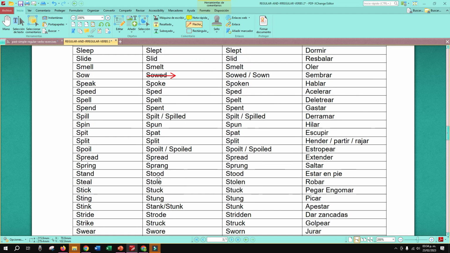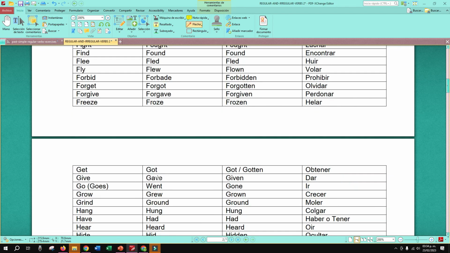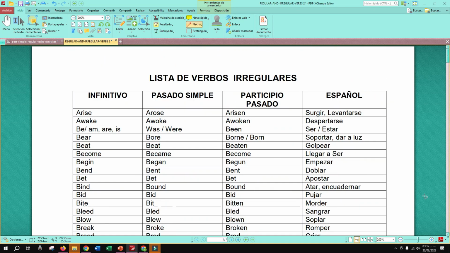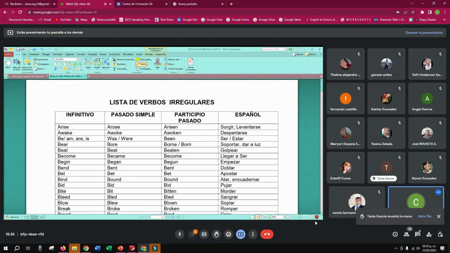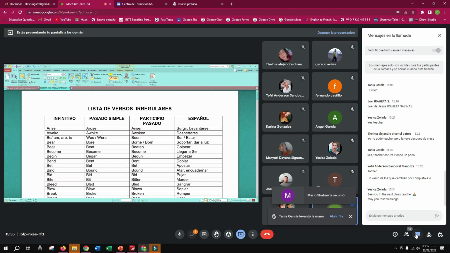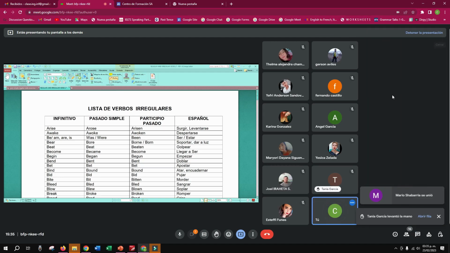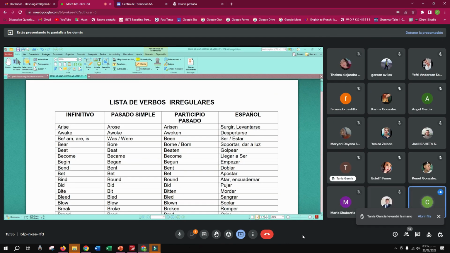Okay, so I want you to study and practice those verbs. And here you have also the meaning. That would be great if you learn also the meaning of those verbs. Okay, so next week we're going to continue practicing the past in English, right?